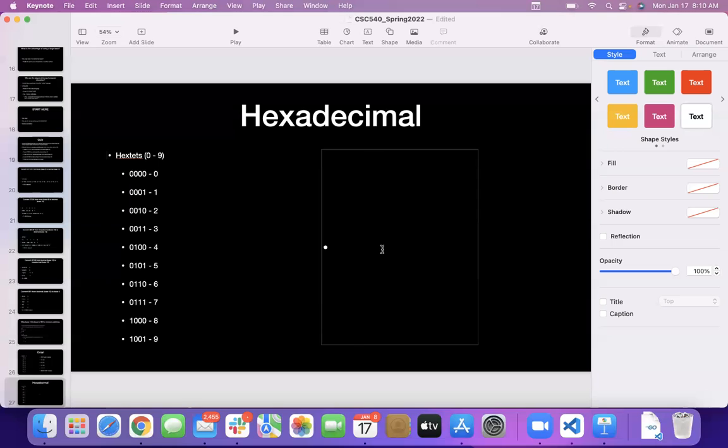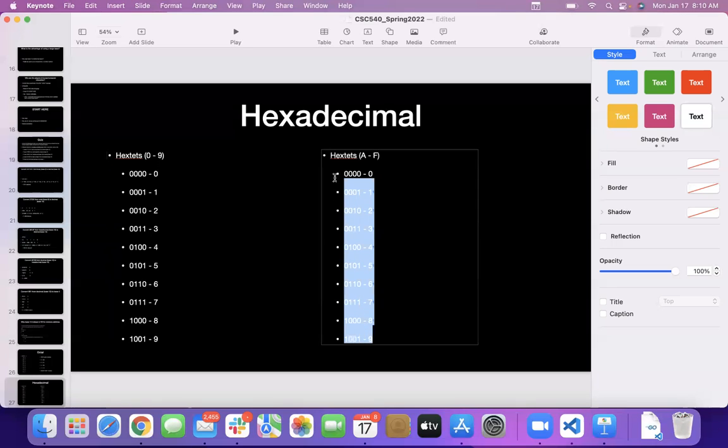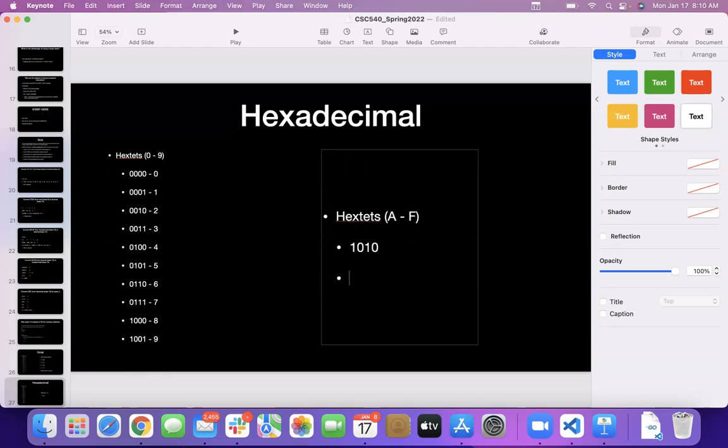Now let's go over to this side, and we'll say A through F. And we'll keep going. So this is 1010, 1011, 1100, 1101, 1110, 1111. This is an A, this is a B, this is a C, this is a D, this is an E, and that's an F.